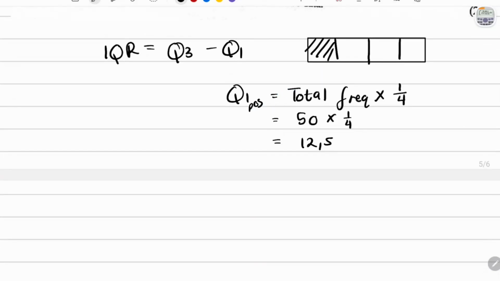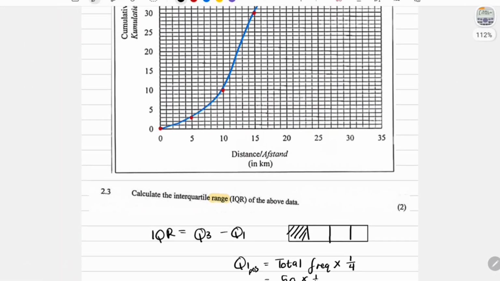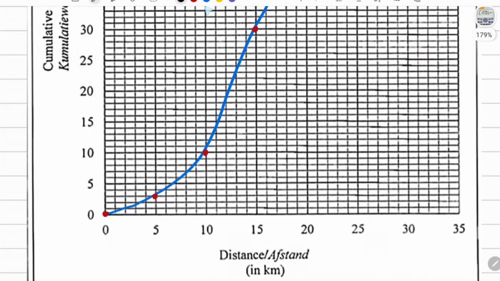To find out the exact value of Q1, you're going to take this number 12.5. Remember, this is a frequency value. So you're going to take 12.5 on the cumulative frequency column. And when we find that, around about here, this is 10, 11, 12.5 is here. And you're going to use your ruler and draw a straight line to your ogive.